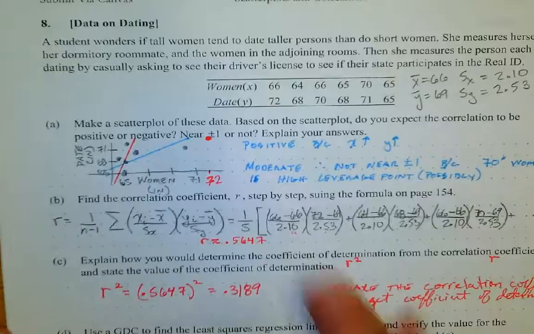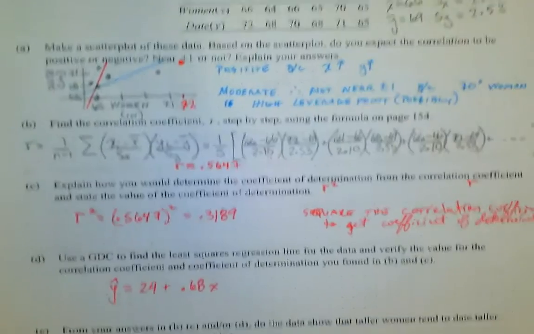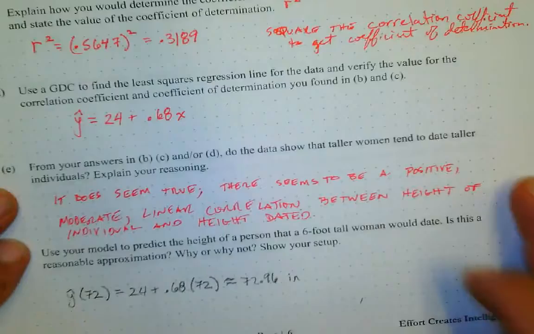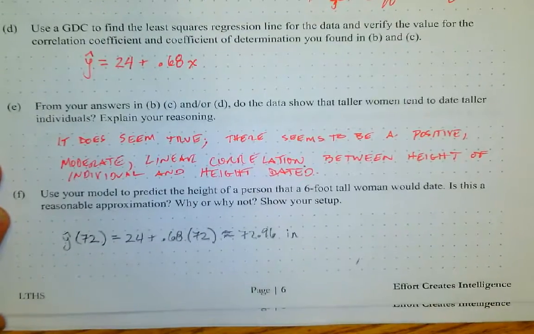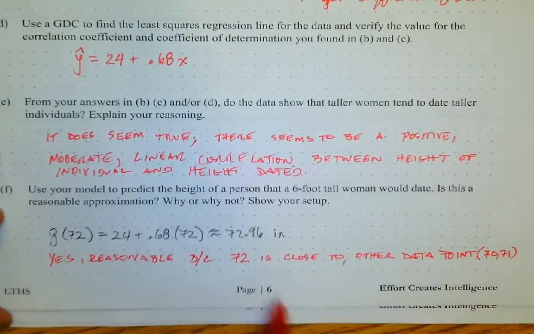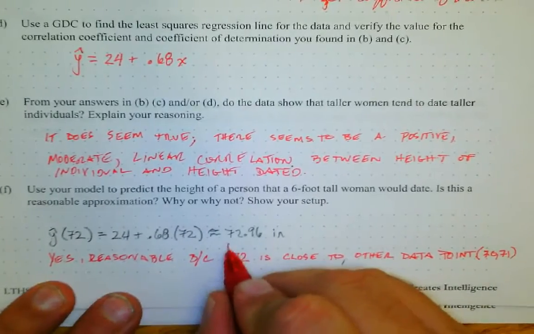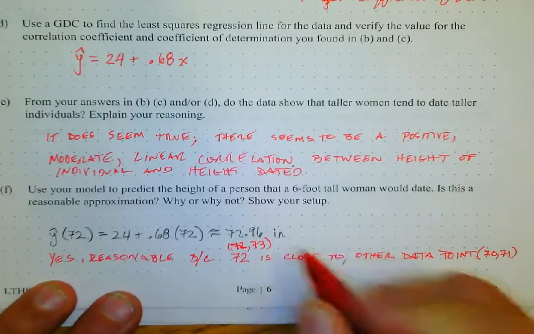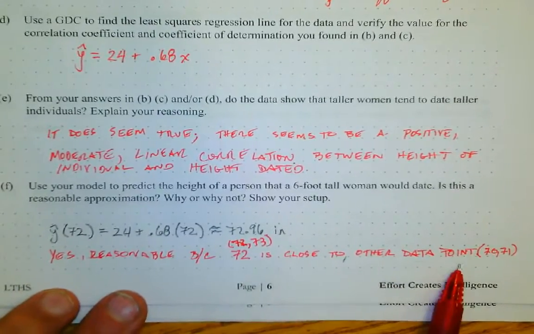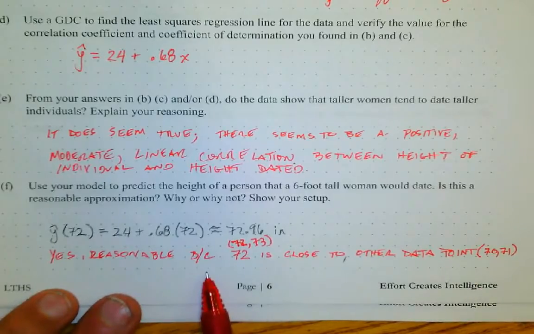Okay, now, is that going to be close to our line? Well, yes, it does seem a reasonable approximation. We could say, yes, it's reasonable because 72 is going to be, and really we're saying that that's the point 72, 73, that is close to the other data point, 70, 71. So it does seem to be reasonable.